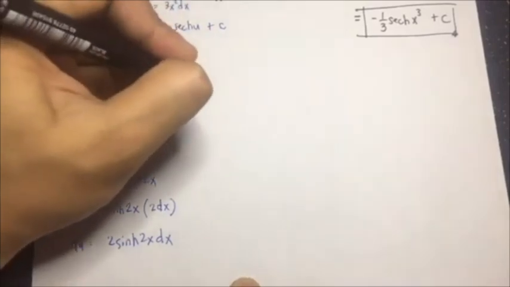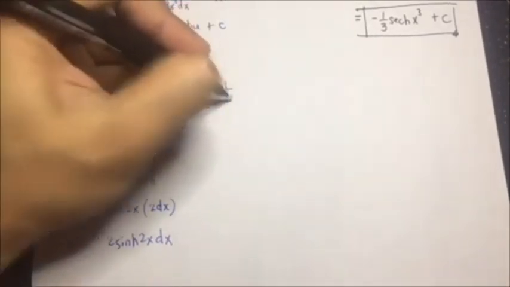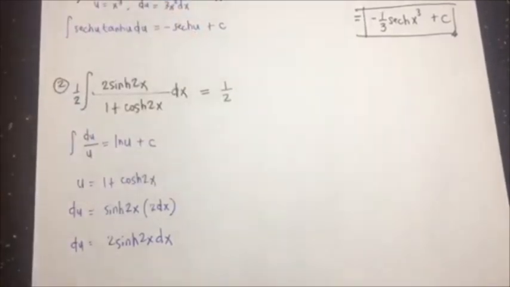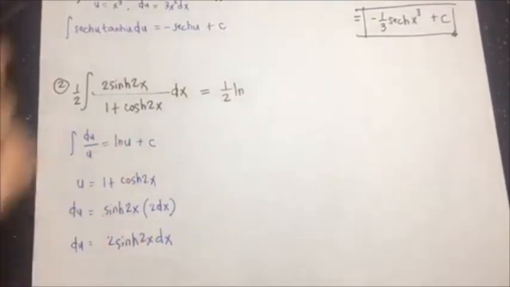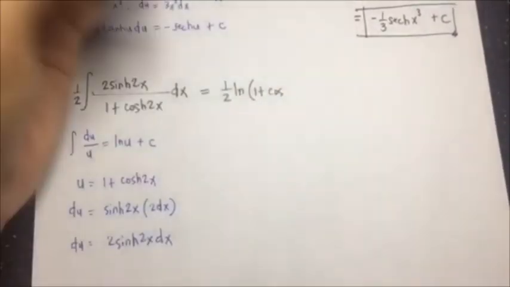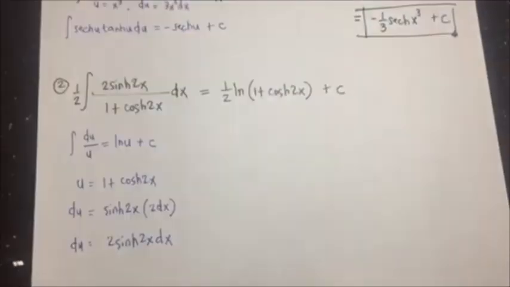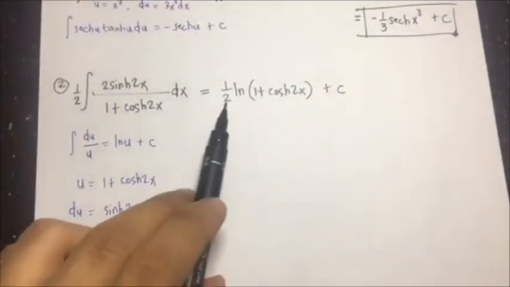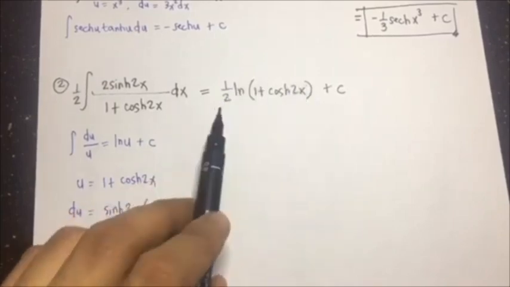So this will become 1/2 ln of u, which is 1 plus hyperbolic cosine of 2x, plus c.